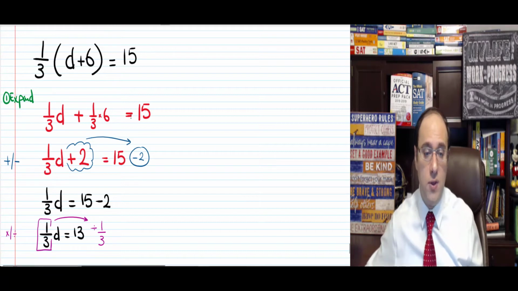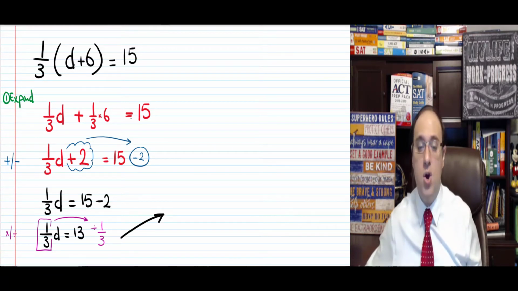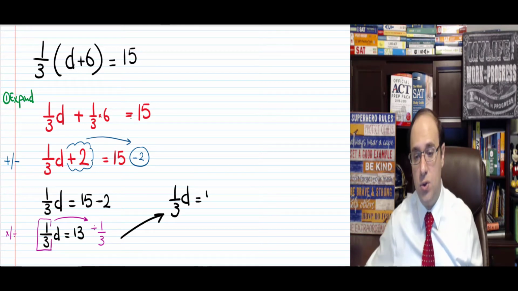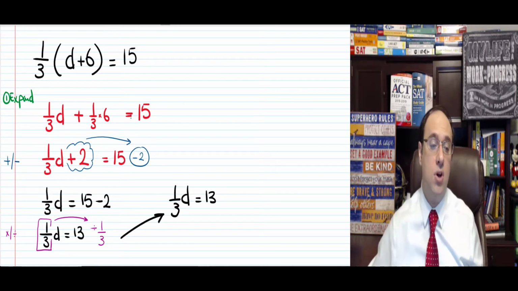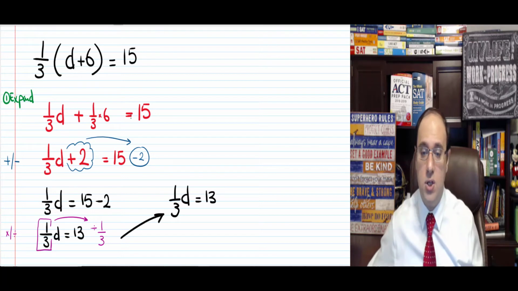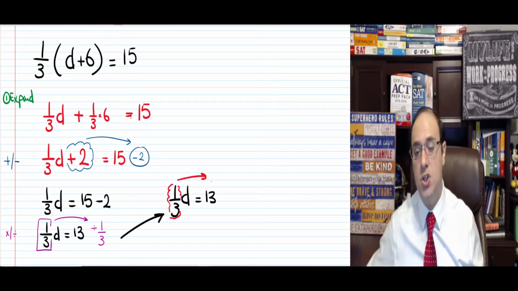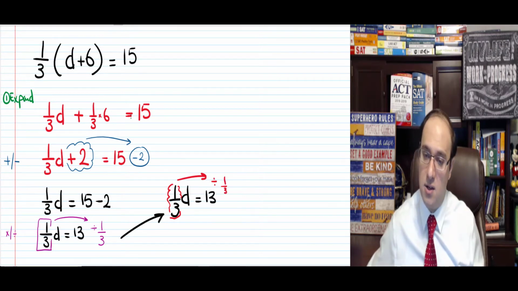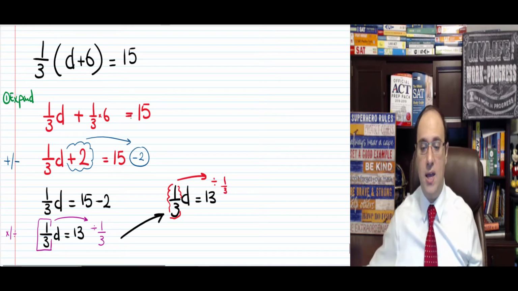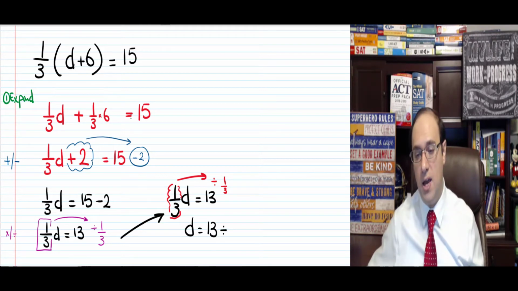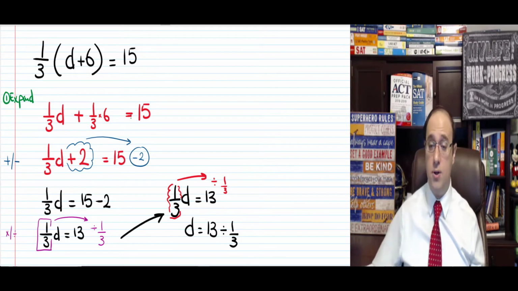Now you can rewrite this. We have 1/3 d equals 13, okay? We said we're going to move the 1/3 to the other side. It was multiplied on the left, so it goes here as division. So my answer is d equals 13 divided by 1/3.